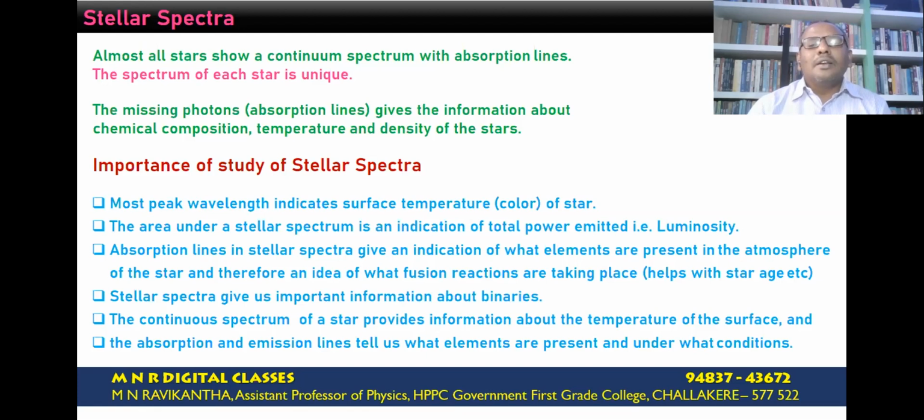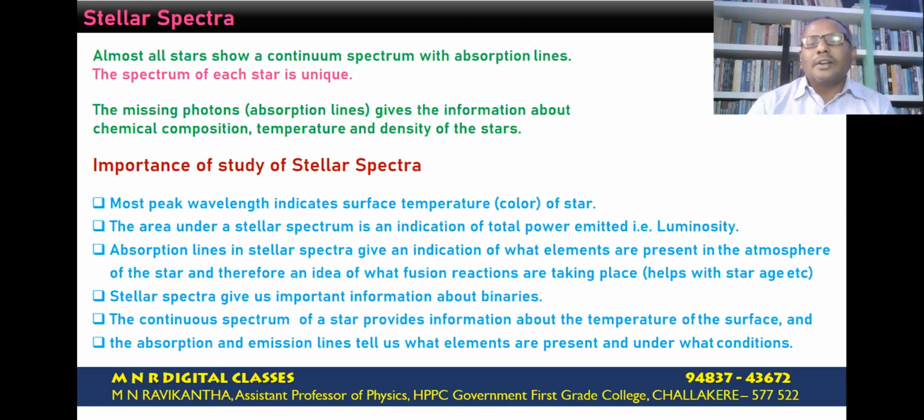We can understand many important properties of the stars, such as the surface temperature and color of the star, and the total luminosity of the star. We get the composition of the star, what type of nuclear reactions are occurring inside the core of the star, and it also helps in knowing the age of the star, and it gives us an idea about the binary nature of the stars.